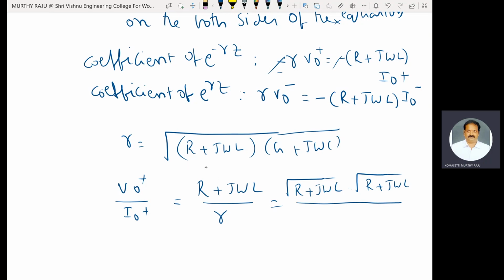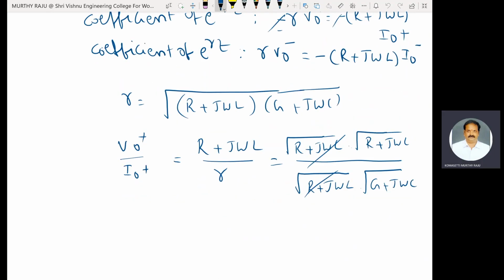Here gamma is square root of (r plus j omega L) into (g plus j omega c), written as square root of (r plus j omega L) into square root of (g plus j omega c). These two are cancelled.